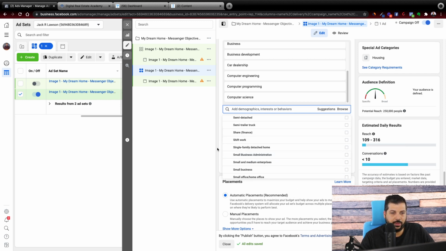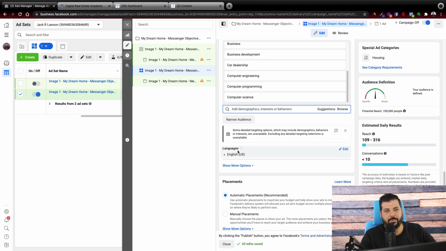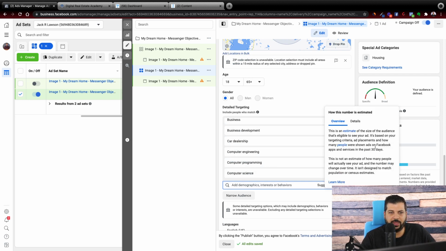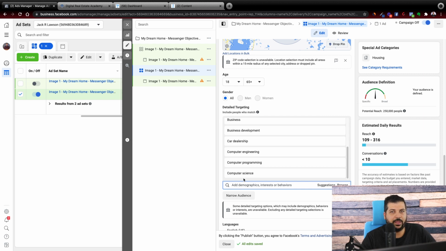So play around with the detailed targeting, pick a few of them, watch your potential reach, see what it gets to, and split test based off of that.